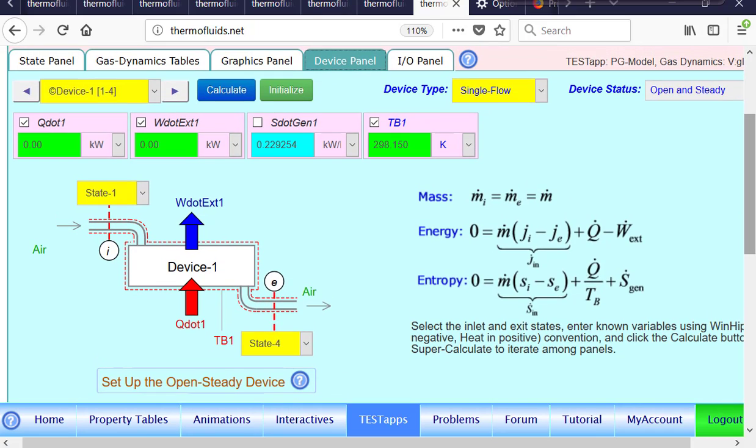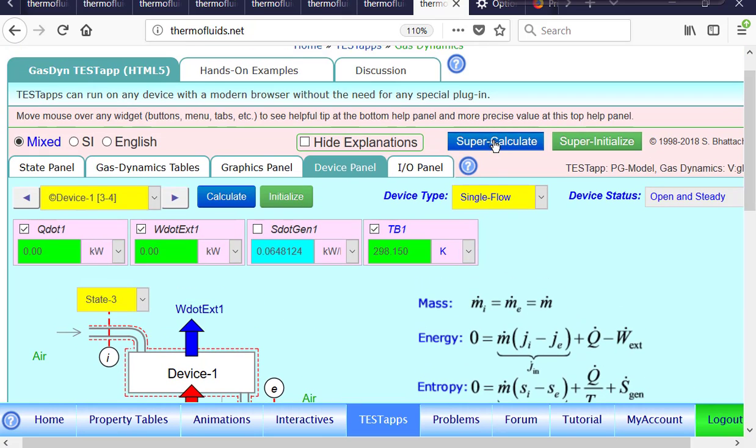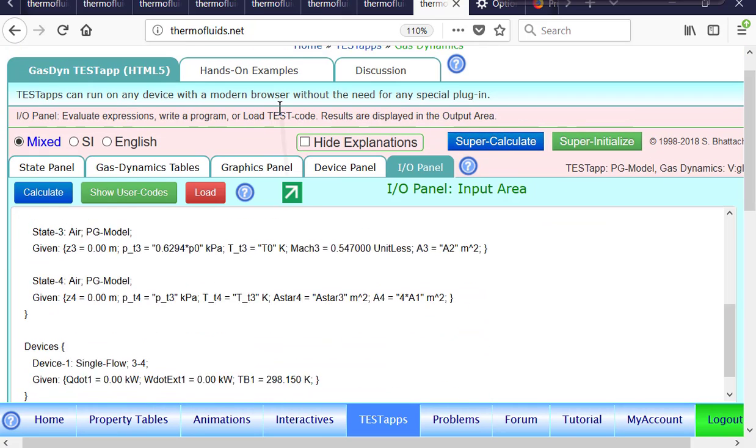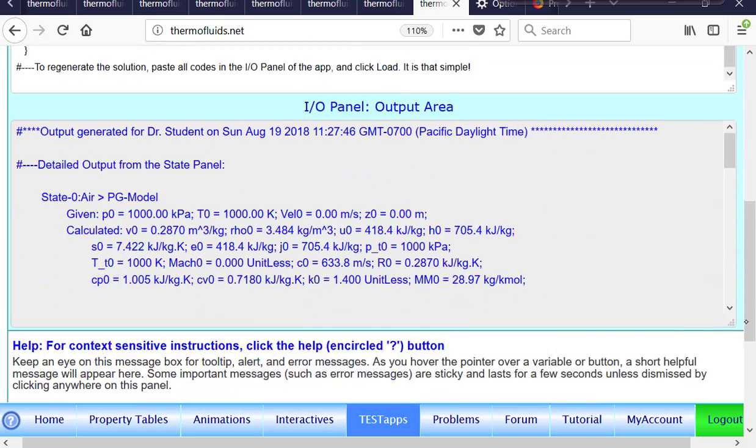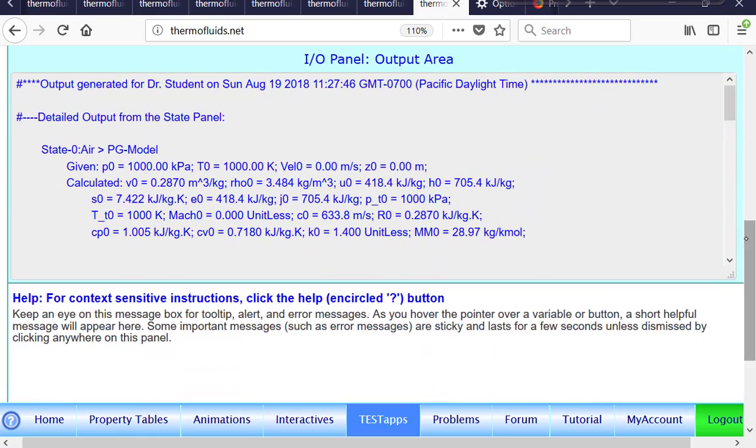If you want to know how much entropy is generated, the flow is isentropic except between state 3 and state 4, and you'll see the entropy generation rate calculated here. Heat transfer is 0, W dot external equals 0. A super calculator as usual will produce a detailed report and the test code from which you can readily regenerate the solution.